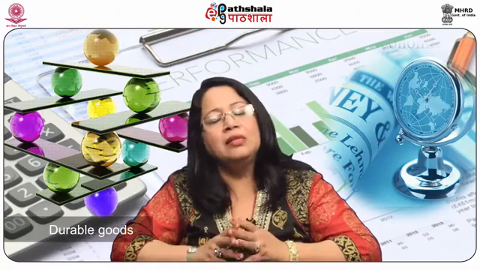Market price is the price of a good which prevails at any given time. To study price determination in such a market, goods are divided into two parts, that is perishable goods and durable goods.